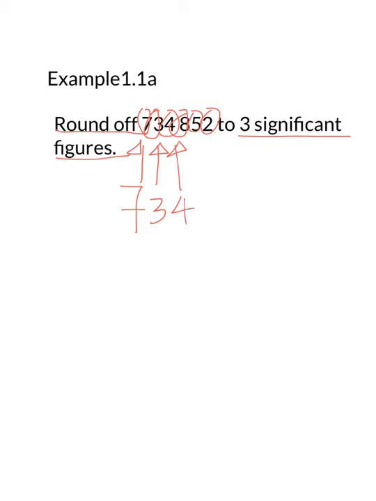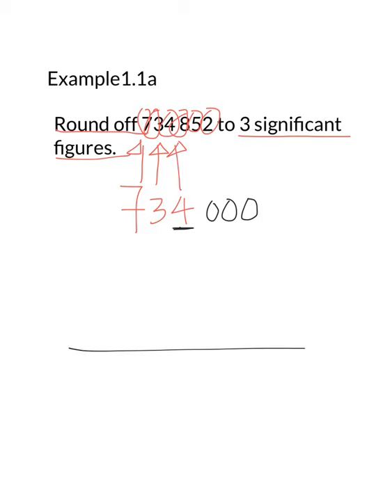We choose these 3 numbers, but are they the best? It should be the best, but as I mentioned in the last example, now this number is actually representing 734,000. And the last significant figure that we are using is the 4.